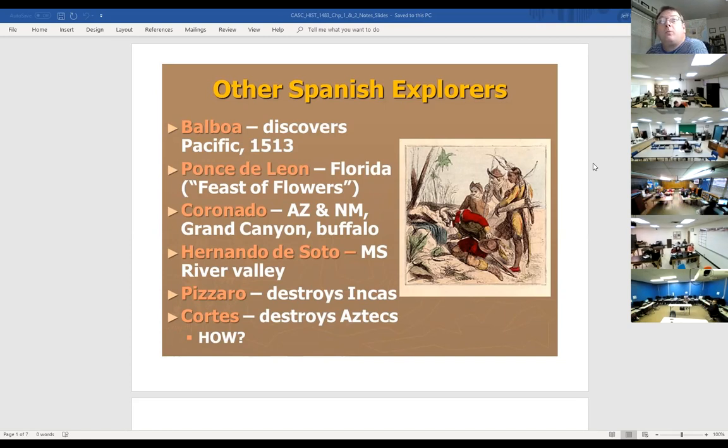Pizarro, a couple of years later, 1531 to 1533, explored the Pacific coast in Central and South America, and eventually conquered, destroyed the Incas. So we're seeing how the Spanish Empire is branching out into Central America, going down into South America.